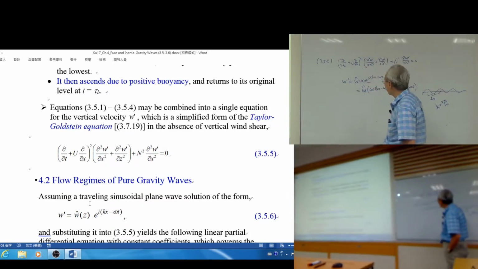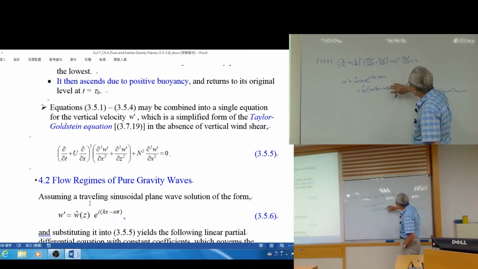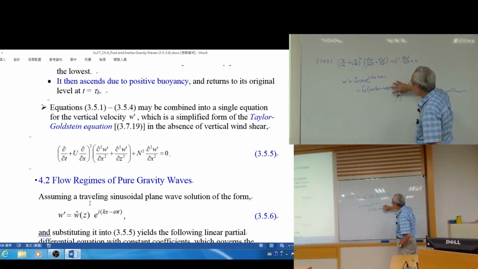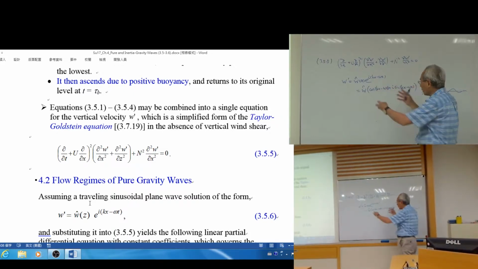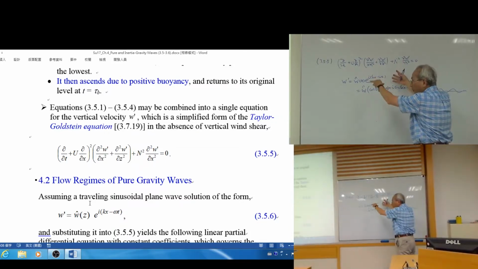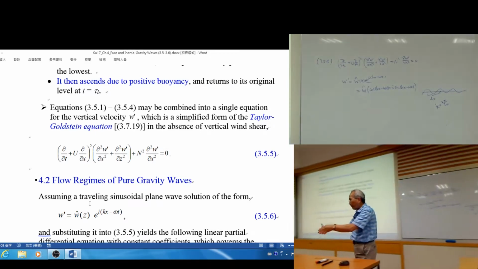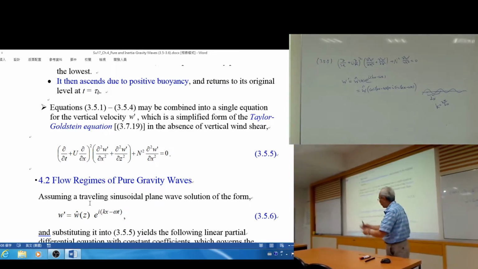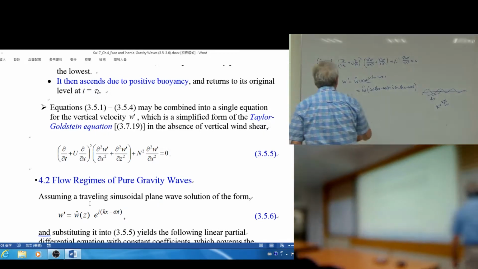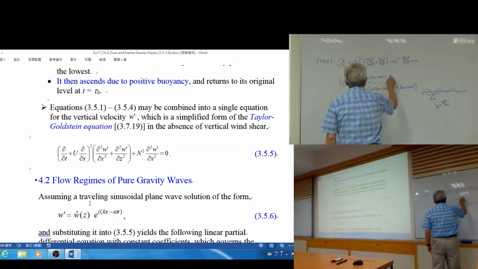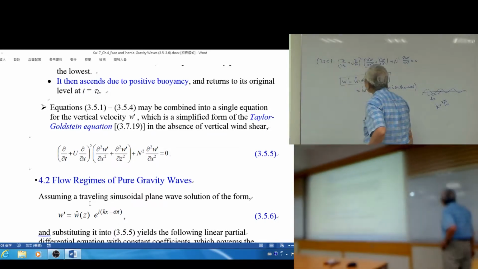You can use either cosine or sine. In general, you have to combine these two and substitute into it. At the end, you drop the imaginary part to keep just the real part. But right now we just use this and substitute into it.